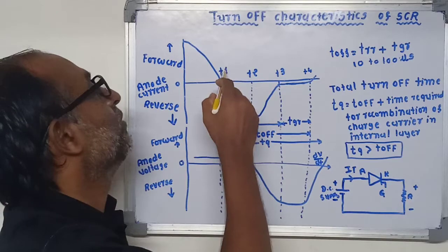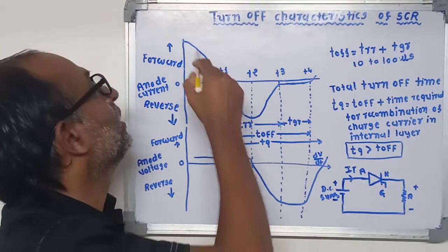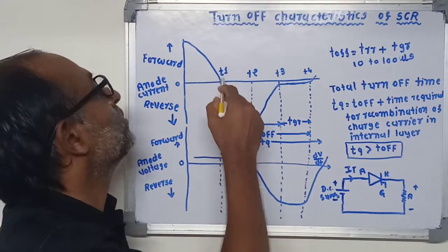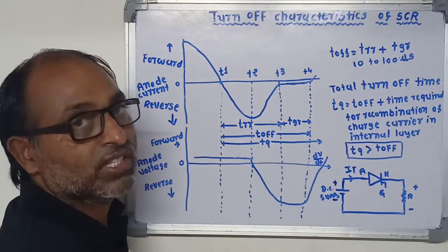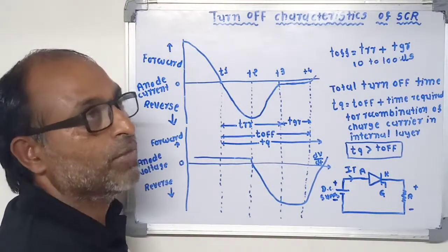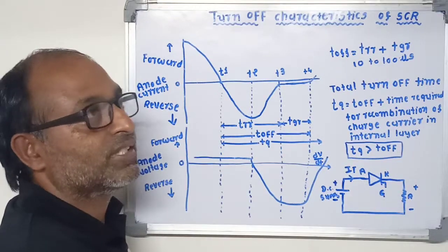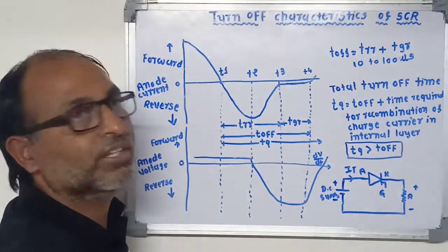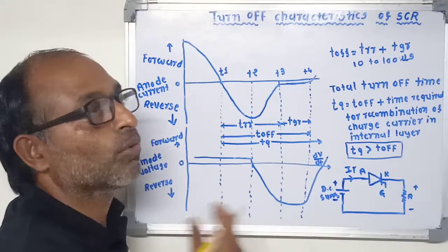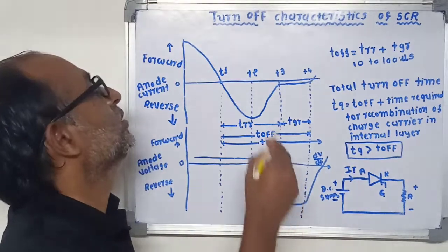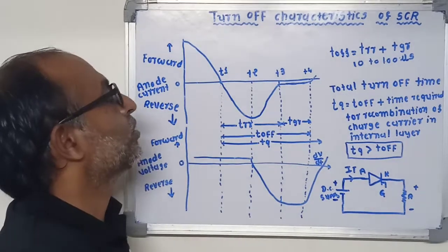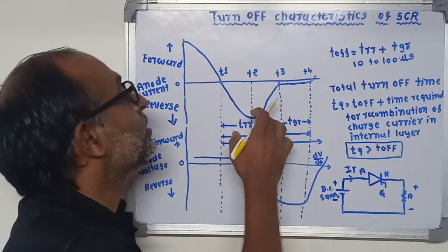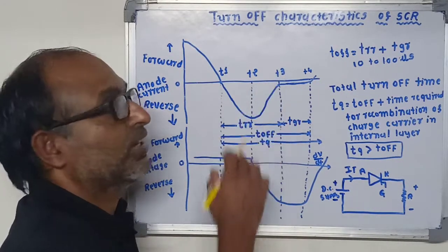At time T1, the anode current becomes zero. After time T2, reverse current builds up due to the charge carriers stored in the four layers of the SCR. At time T2, reverse voltage develops across the junctions, which reduces the reverse recovery current.